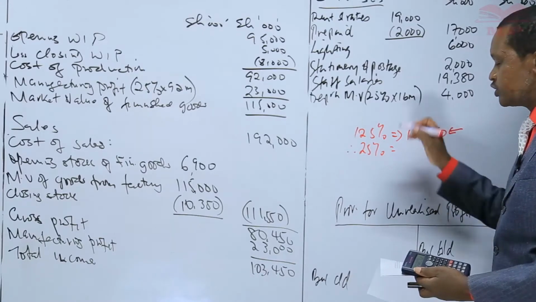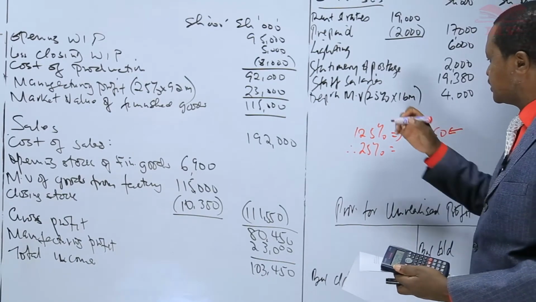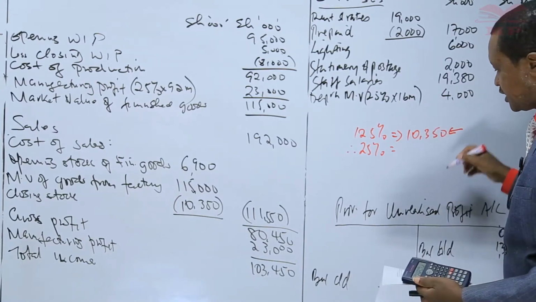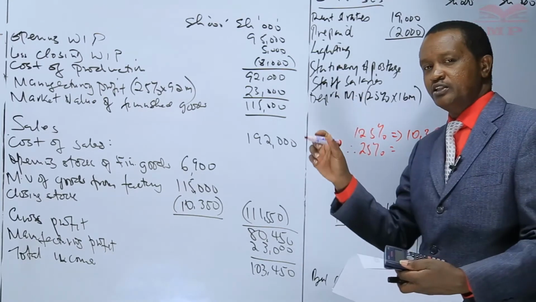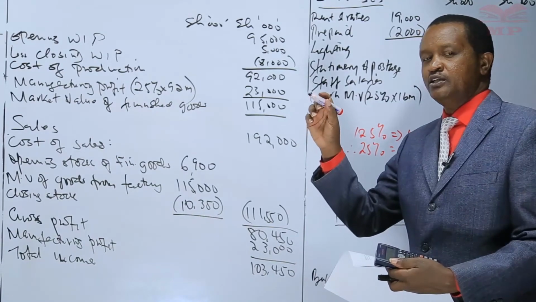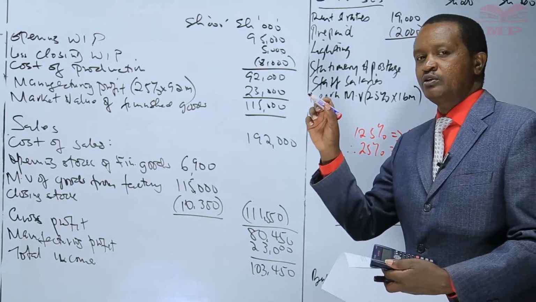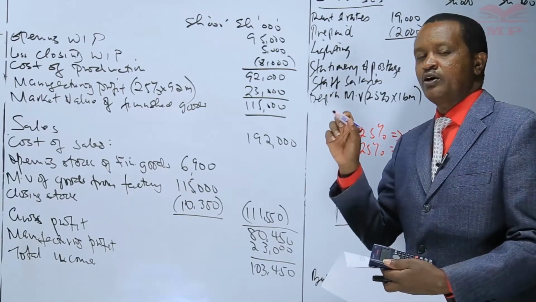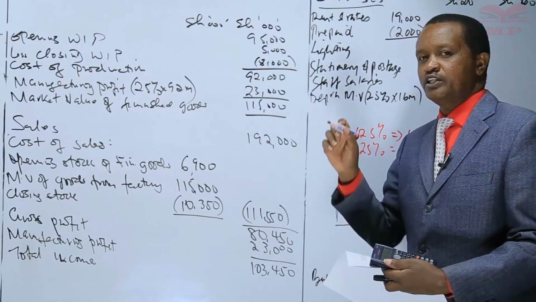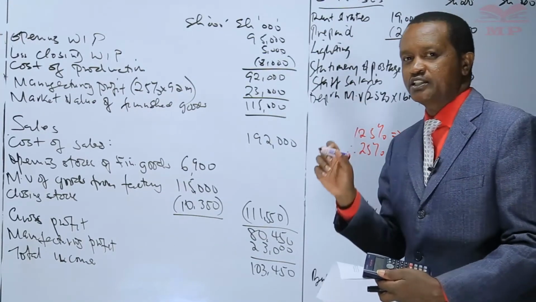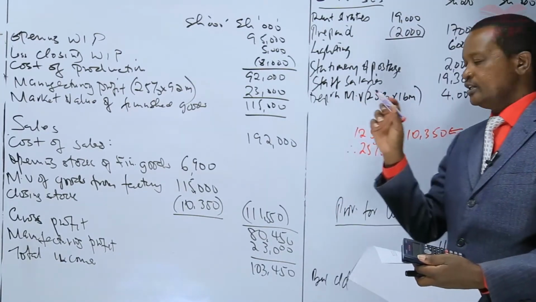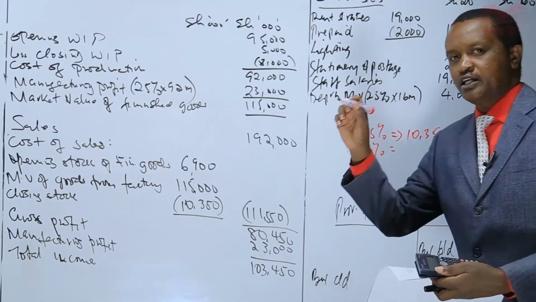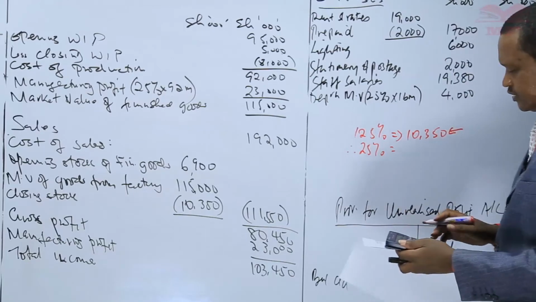These goods have not been sold. This value is overstated for the purposes of preparing the accounts. That's why when we began, we say that the provision for the unrealized profit on the closing stock of finished goods should be deducted from the market value of finished goods in the balance sheet.